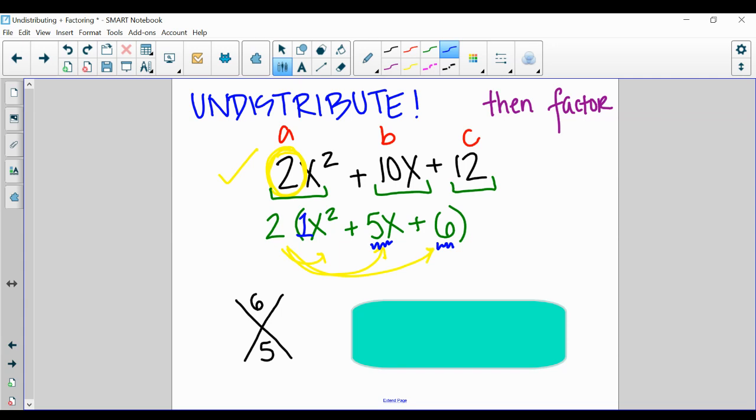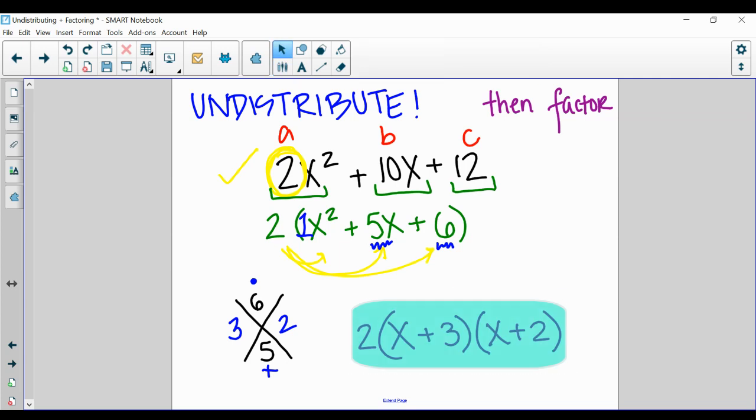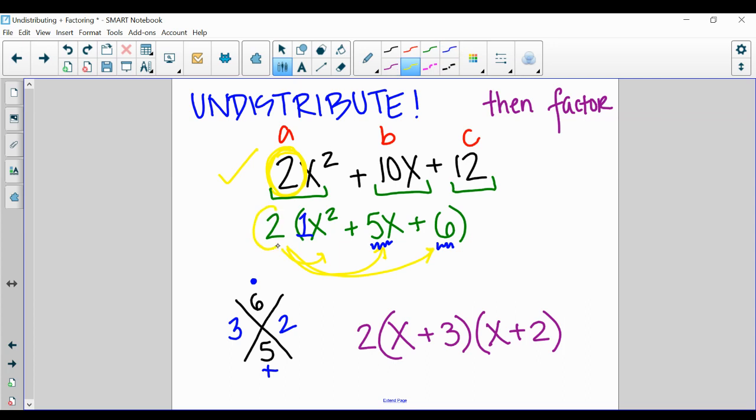Now I need to think about what multiplies to 6 and adds to 5. The answer there is going to be positive 3 and positive 2. So when I factor this, I end up with 2, because I still have to include this 2 that we factored out. It still needs to be part of my factored answer. So 2 parentheses, x plus 3, x plus 2.